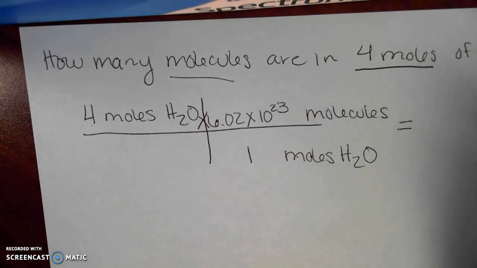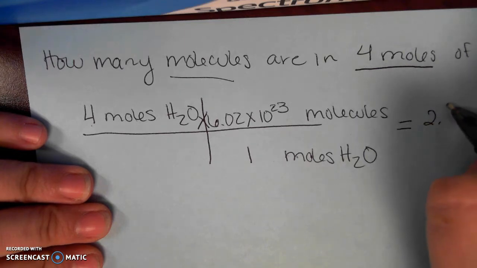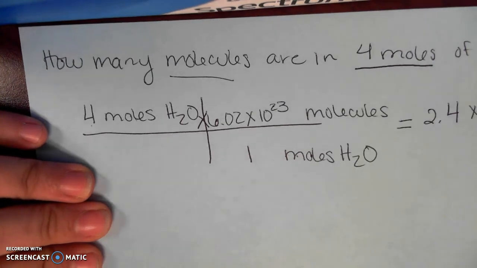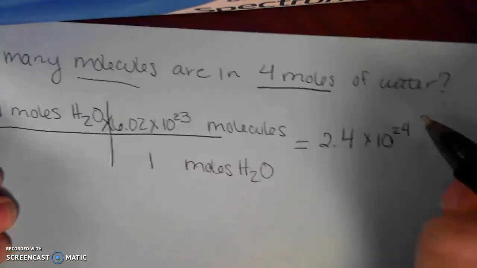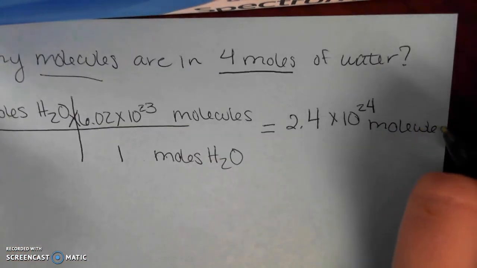But I went ahead and multiplied 4 times 6.02, which gives me 24.08. With scientific notation, I only want one number in front, so I'm going to put 2.4 times 10 to the 24th. Then I have to put my units on there, so that would be molecules.